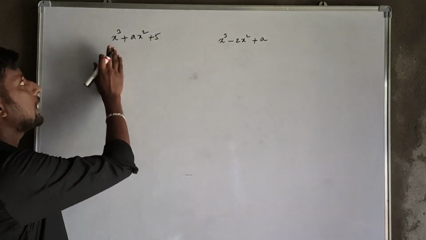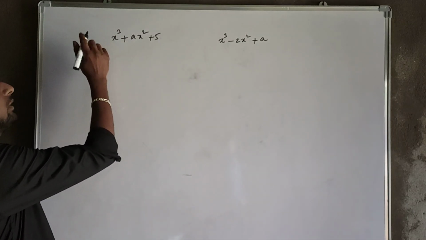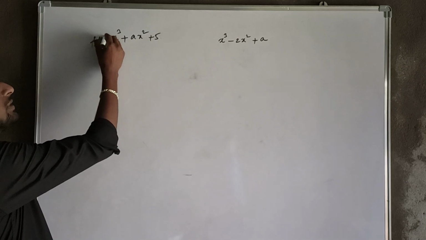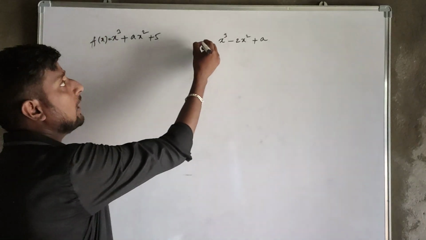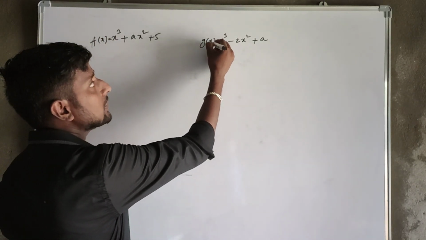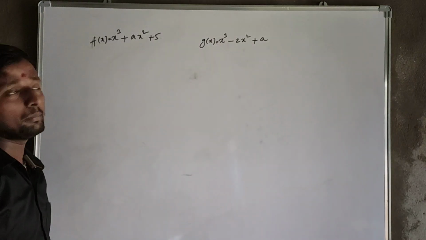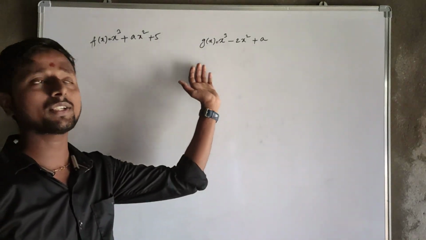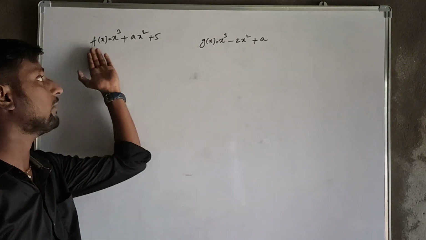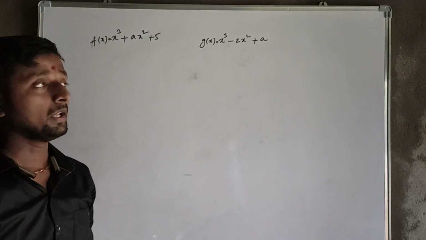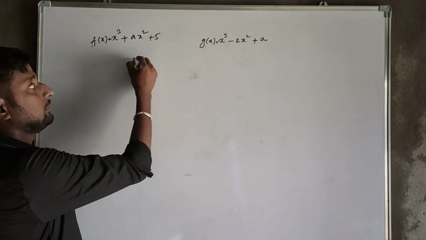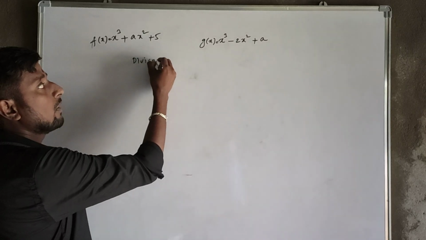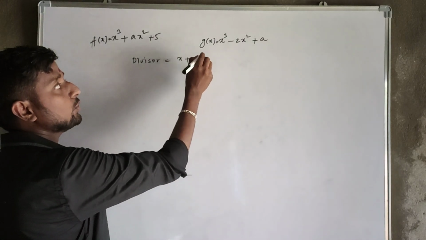Now here I'll write f of x is a polynomial, and here I'll write g of x. It is also a polynomial because we have two polynomials. That's why I used f and g. Okay. Now the divisor, that is x plus 2.